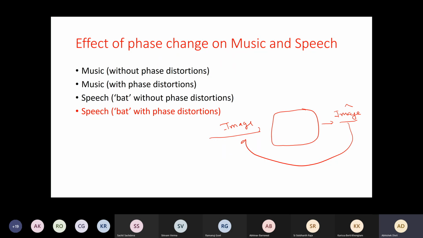When you want the original image back from image tilde, you can undo the phase distortion, because you created a known phase distortion, and get back the original image. So that is one utility of phase distortion. It's used in encryption and in storing files safely.